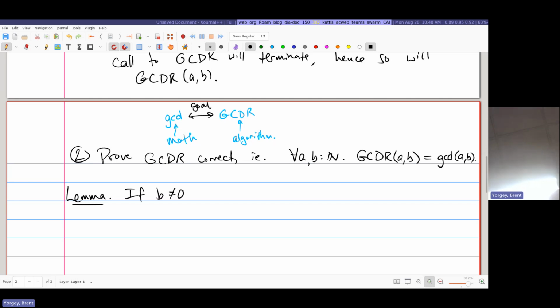If B is not equal to 0, then little gcd of A, B equals little gcd of B, A mod B. The idea is you're trying to find the GCD of A and B, and you subtract some number of copies of B from A. It doesn't change the common divisor, because you can chop both of them into little copies of B. B is their common divisor, and if you're removing B's from A, you can still chop them up evenly into B's. That's the very hand-wavy version of why this lemma is true.